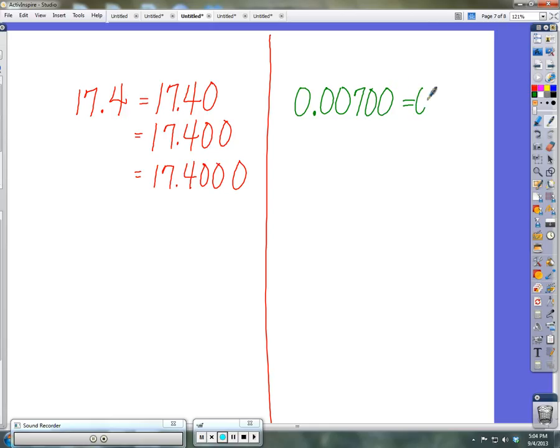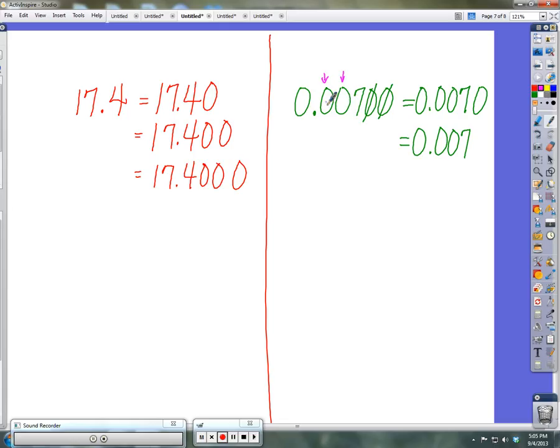So this would be 0.0070. I took off 1 zero from the end. Or I could take off 2 zeros from the end. 0.007. Now, at this point, you may be looking at this final example and asking yourself, but what about these other 2 zeros right here?